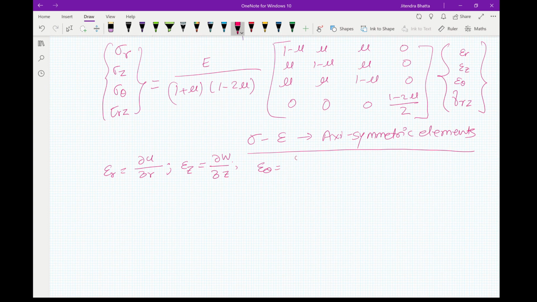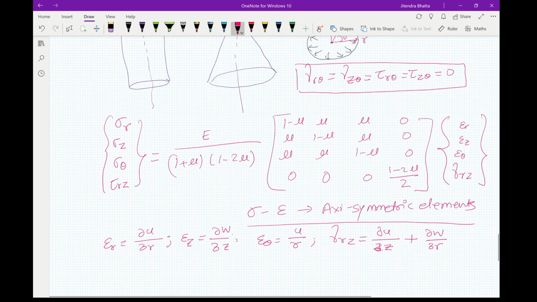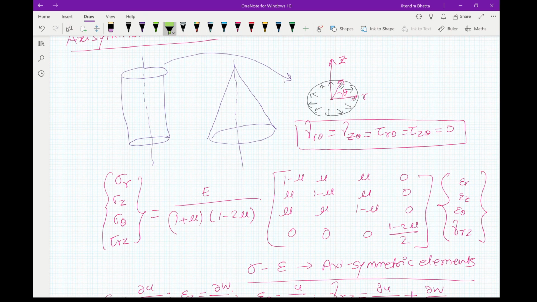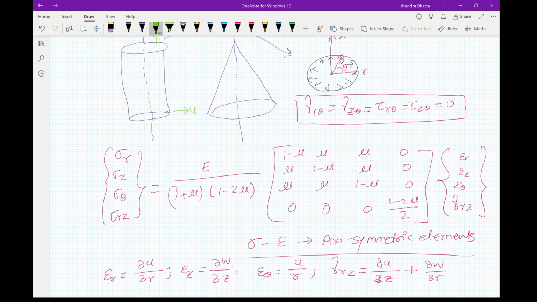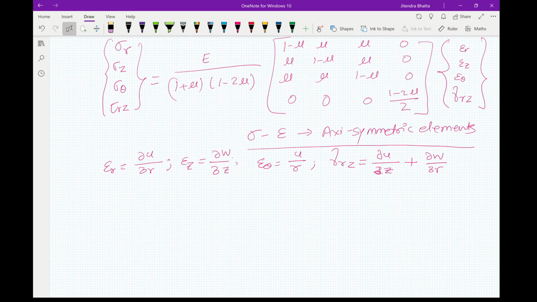E theta will be, and gamma rz will be equal to, so here what we're considering is change in length in this direction is taken as u and this direction is taken as w. So this is our relation for axisymmetric elements.